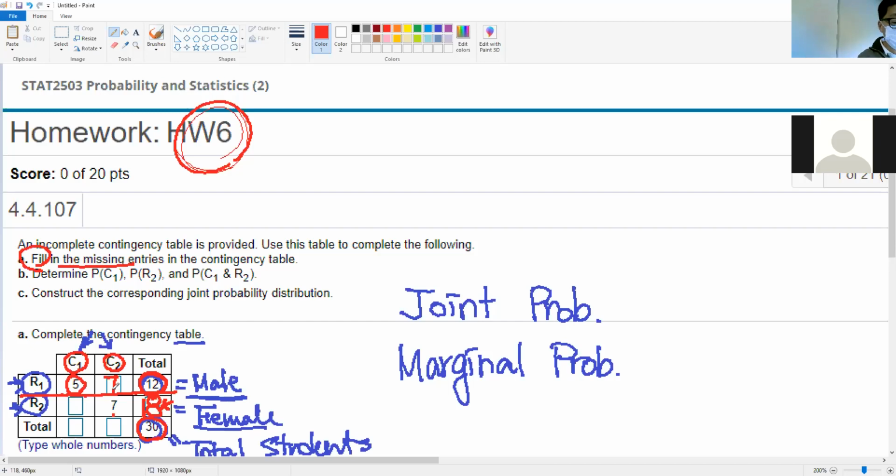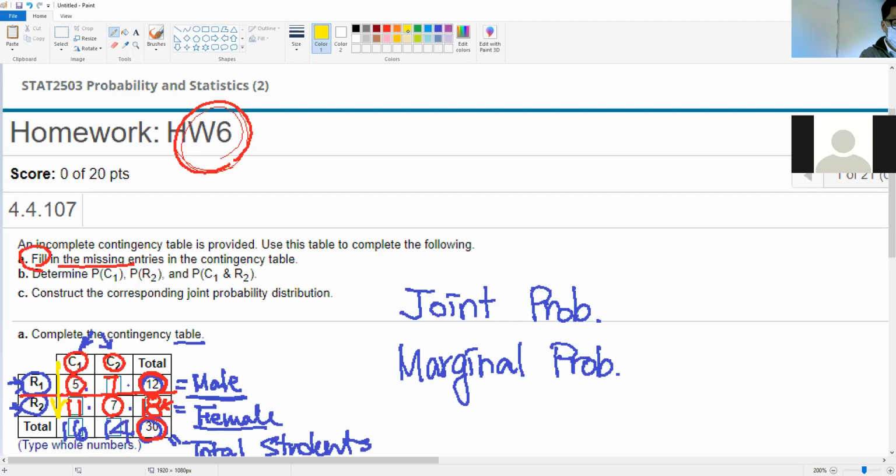Now it's the same idea. Here is a 7 in C2 for female, and we figured we had 18 females. So the C1 will be 11. Then now we can take the other marginal total, column-wise. So 5 and 11 will be 16, and 7 and 7, 14.